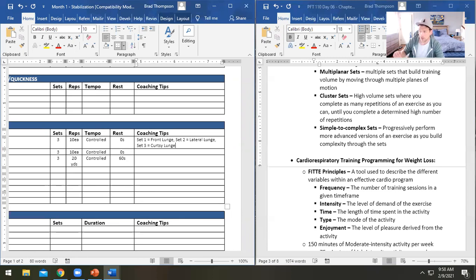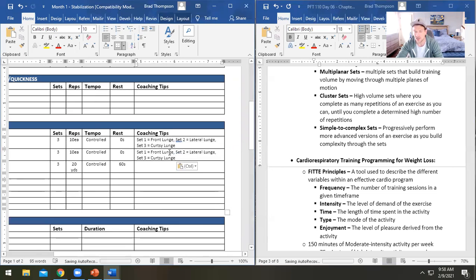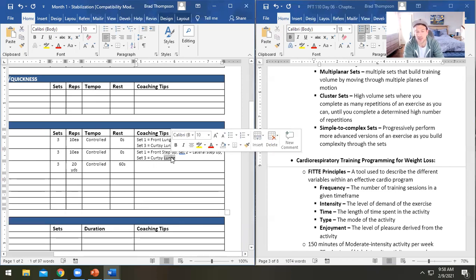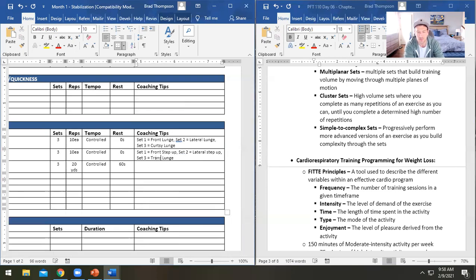That's the one where you drop your leg back behind your other leg. Same concept for the step up. Set 1 is going to be a front step up. Set 2 is going to be a lateral step up. And set 3 is going to be a transverse step up.